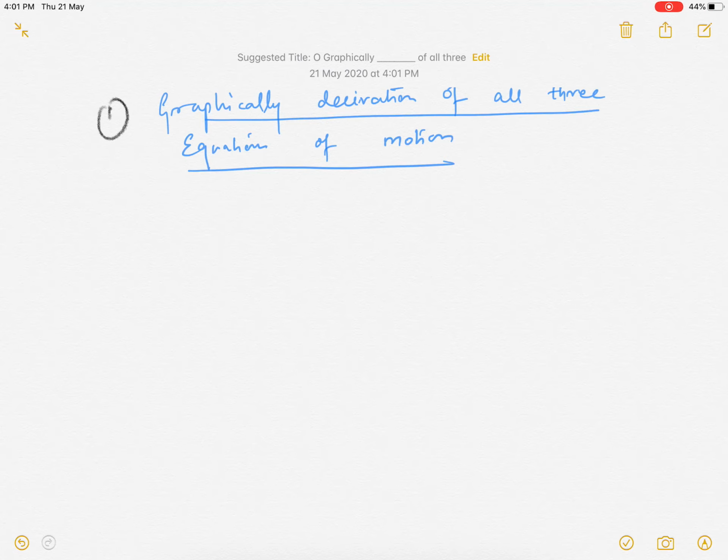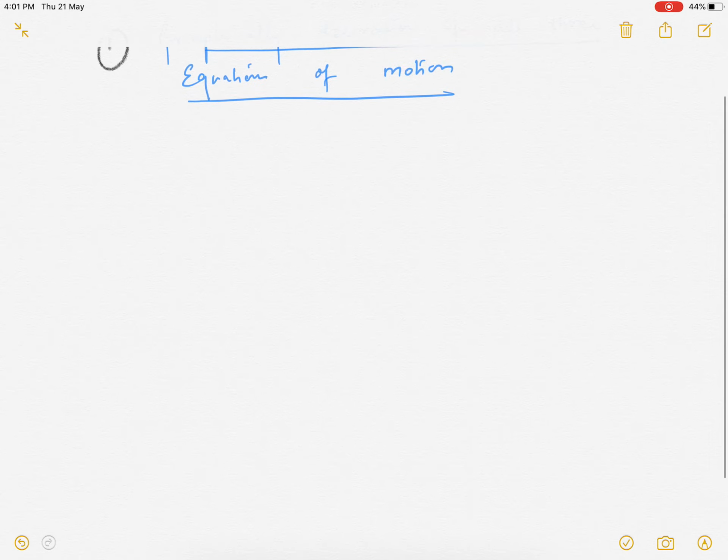Graphical derivation of all the three equations of motion. So we will start with our first equation of motion.